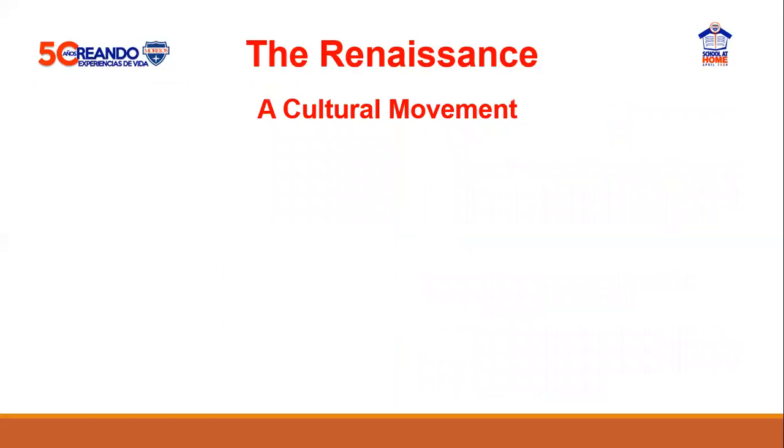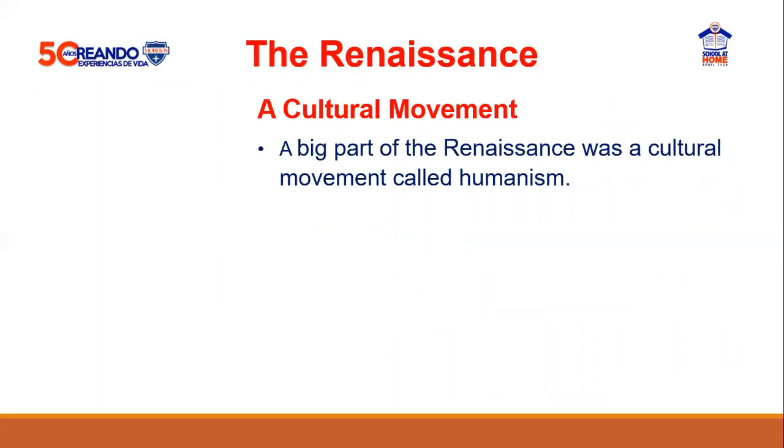So the Renaissance was a cultural movement. A big part of the Renaissance was a cultural movement called humanism. The humanism says that the center of attention has to be people. People and his feelings, thoughts, opinions, and so on.